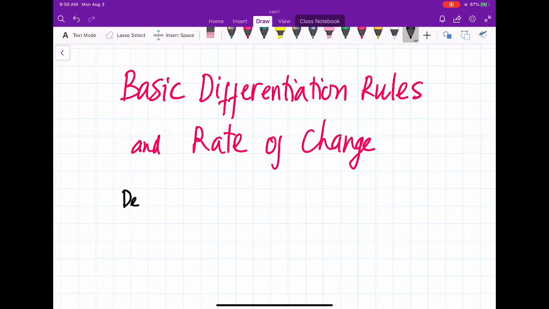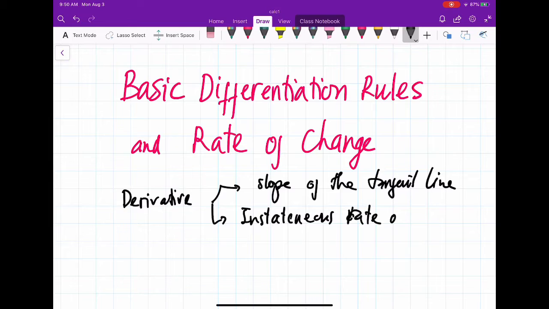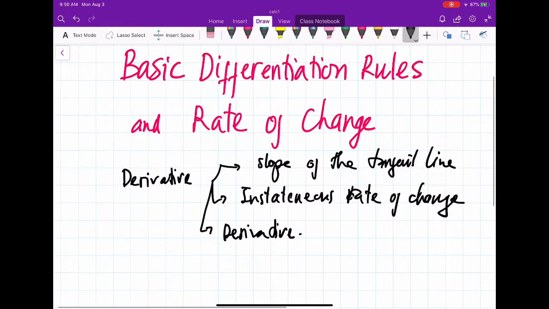So when you look at the derivative, you might think, yeah, that is the slope of the tangent line. That is the instantaneous rate of change, right? Okay, so again, that is the derivative. So this is very important.